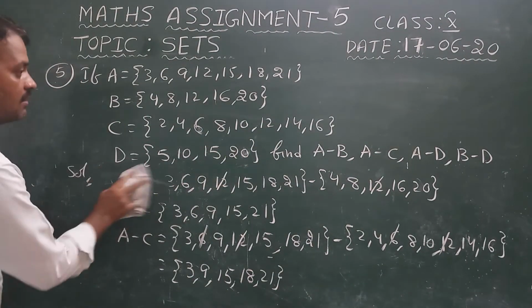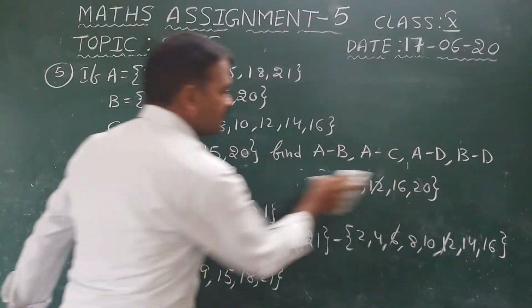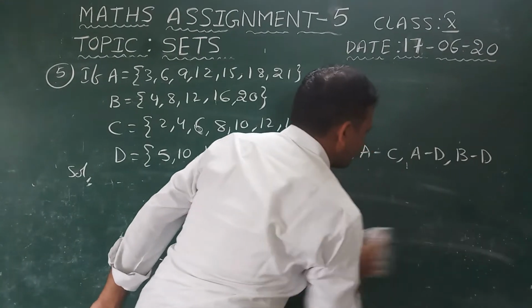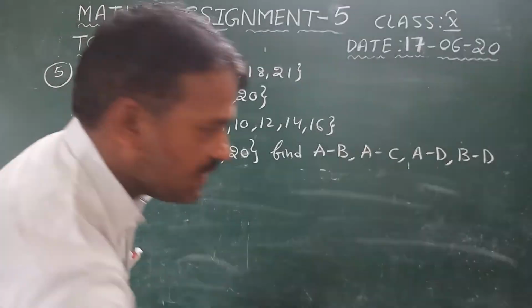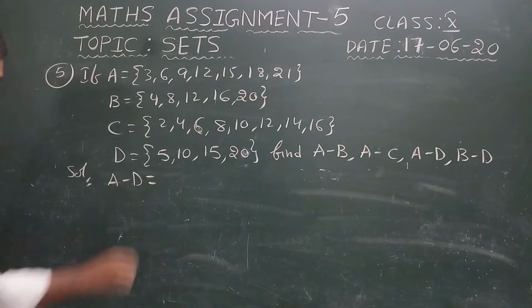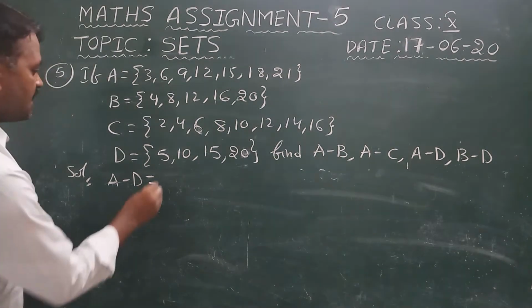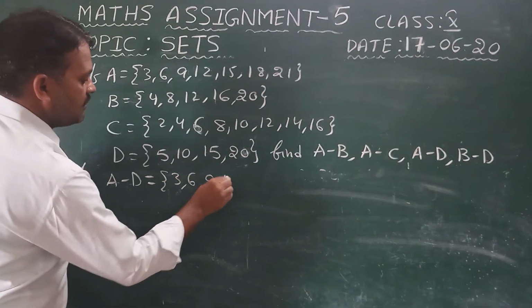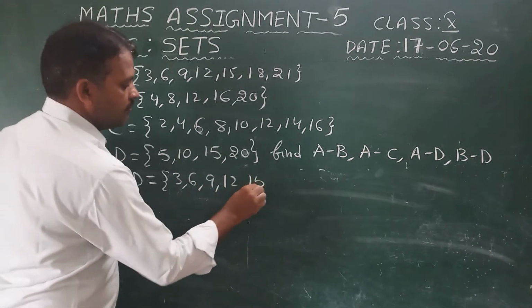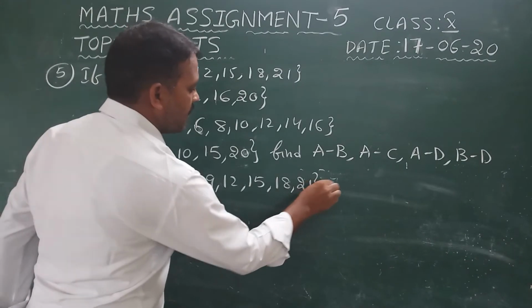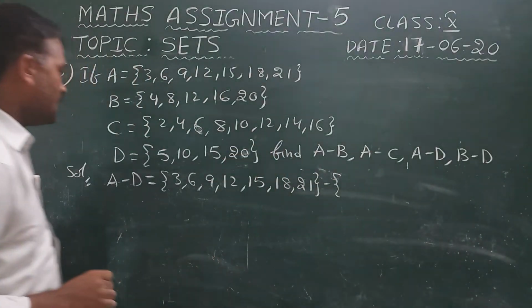Then I'll go for the next, A minus D. What is A minus D? What is set A? Set A is 3, 6, 9, 12, 15, 18, 21 minus D, and what is D?